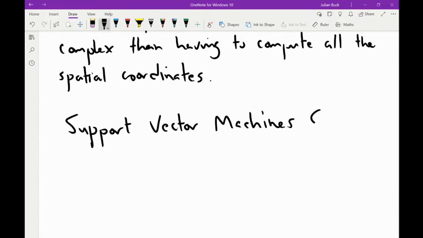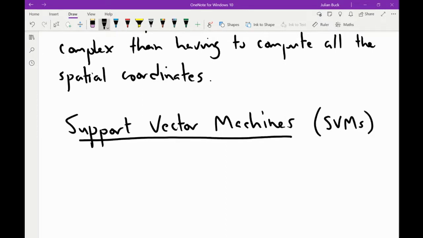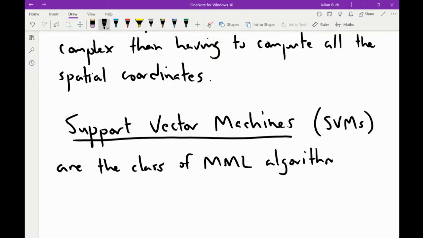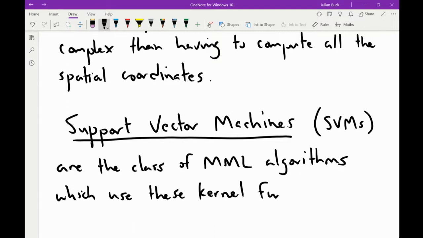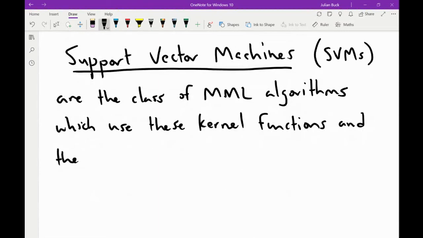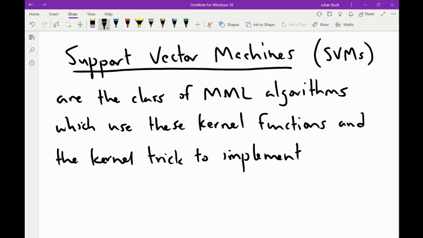So SVMs, as we abbreviate them, are the class of mathematical machine learning algorithms which use these kernel functions and the kernel trick to implement (and I'm just going to put in parentheses nonlinear, because usually that's what we're interested in.